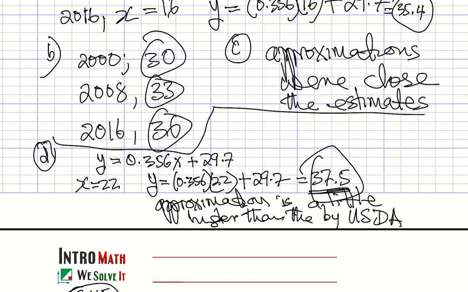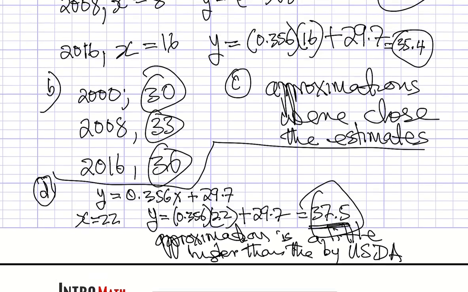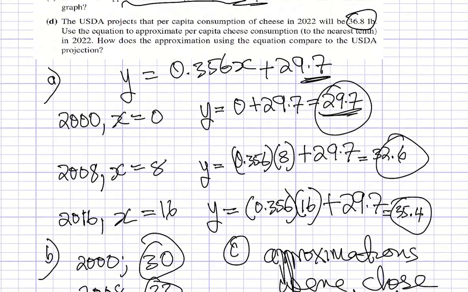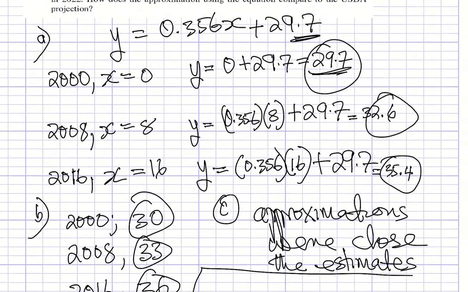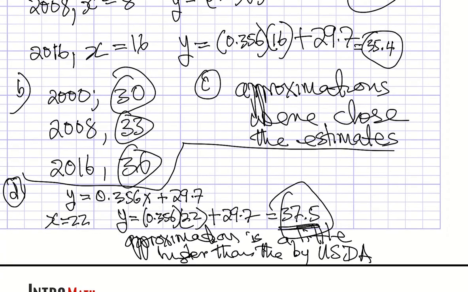There's nothing else more to say. Because you see, let's subtract it. If you subtract it, what do you get? The USDA said 36.8. Ours said 37.5.